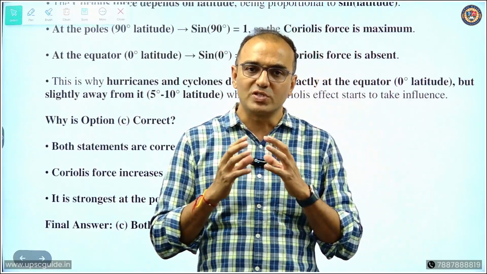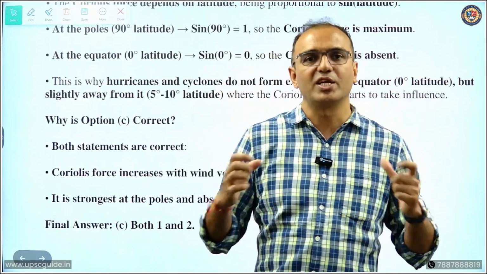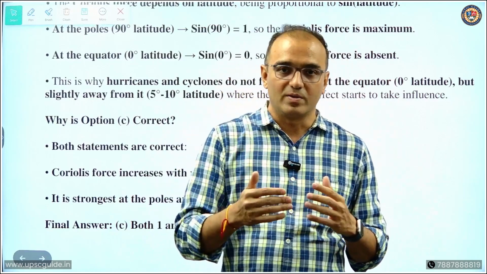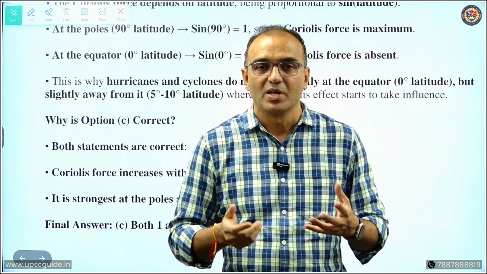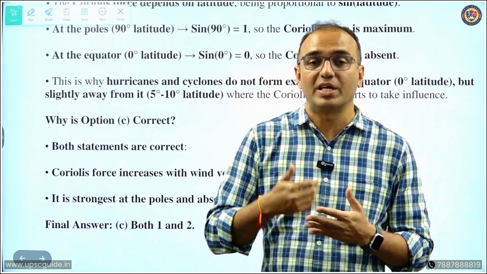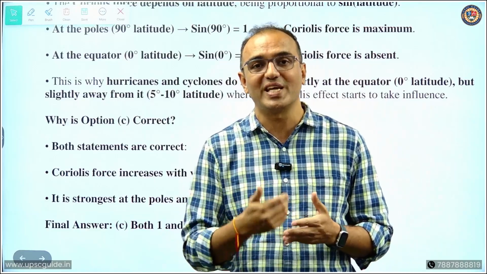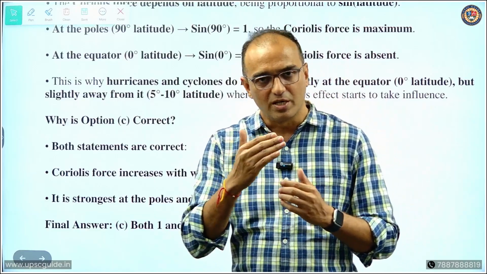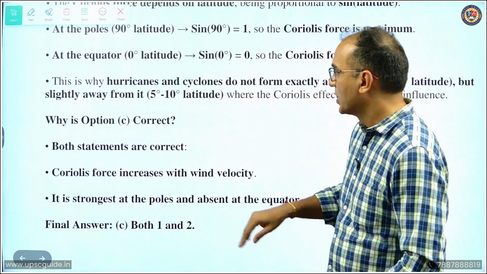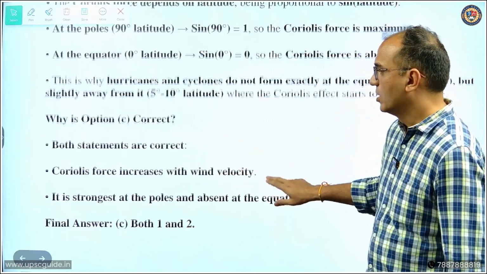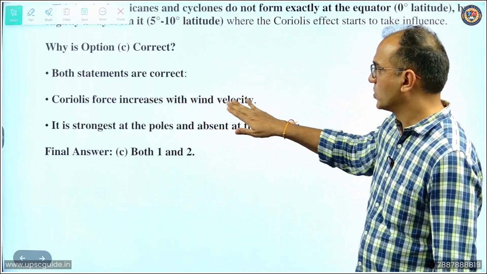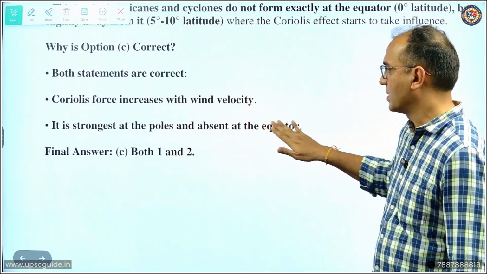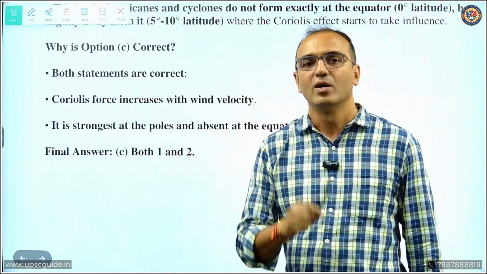So cyclones are generally absent at the equator. As you move beyond the ITCZ, you will see that the frequency and intensity of cyclone formation increases beyond the ITCZ, right? So both statements are correct. Coriolis increases with wind velocity and it is strongest at the poles, absent at the equator. Answer is C, both 1 and 2.